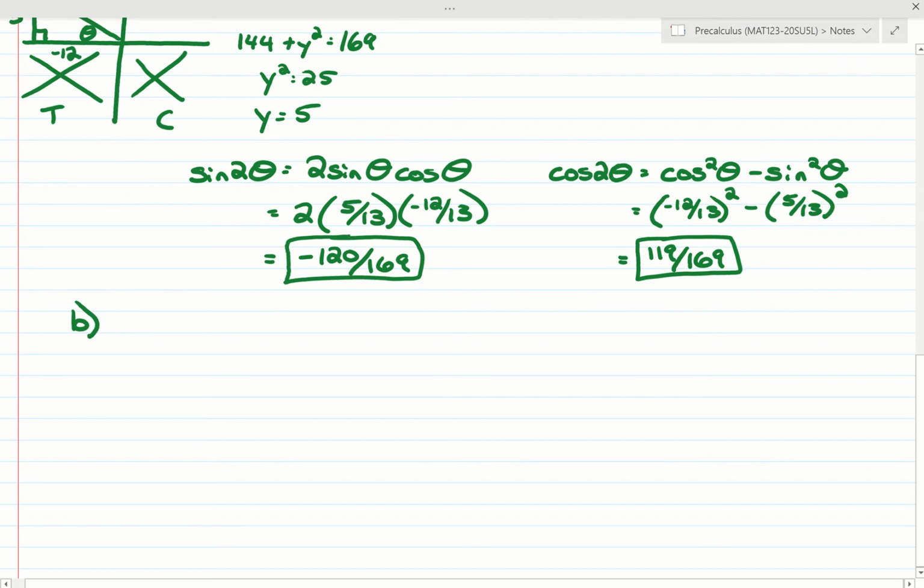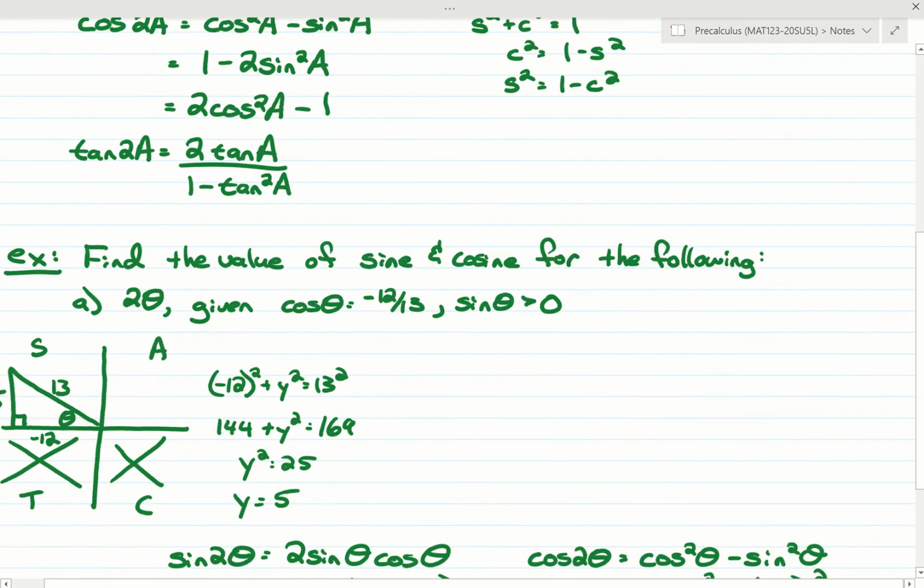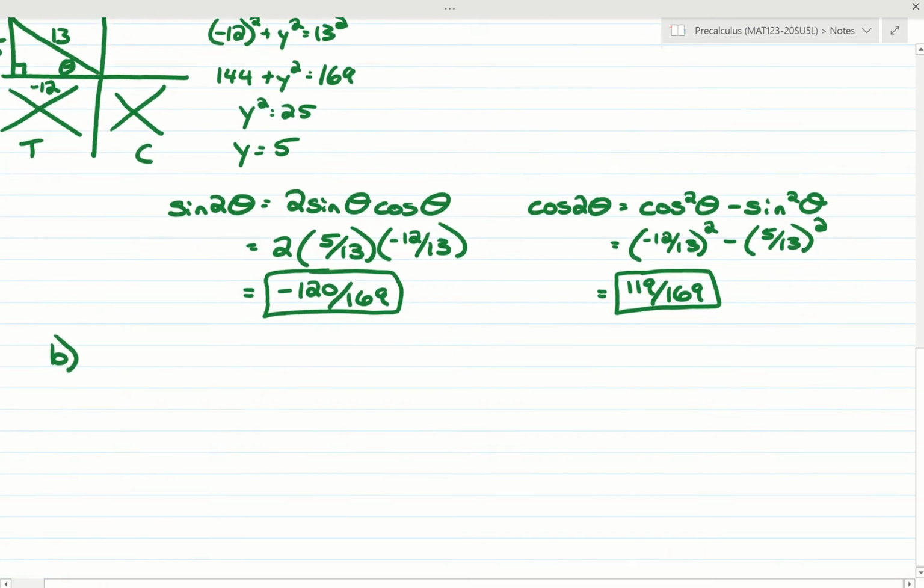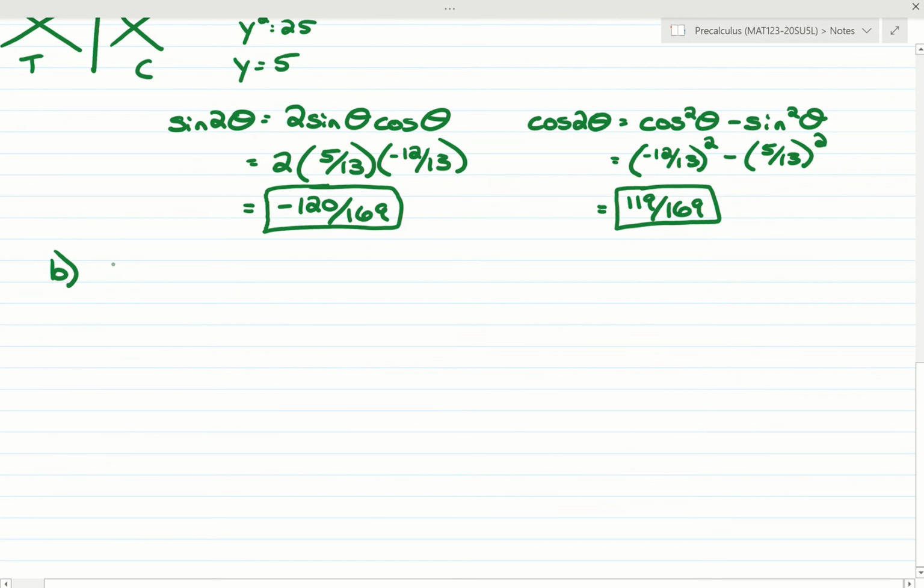I would like you to find, remember what the directions were. It says find the sine and cosine of, second example is just going to be theta. So find the sine of theta and cosine of theta given the cosine of 2 theta is equal to 3/4, and theta is in quadrant 3.